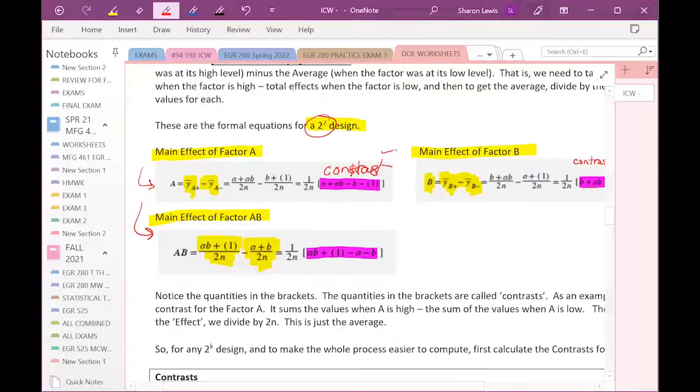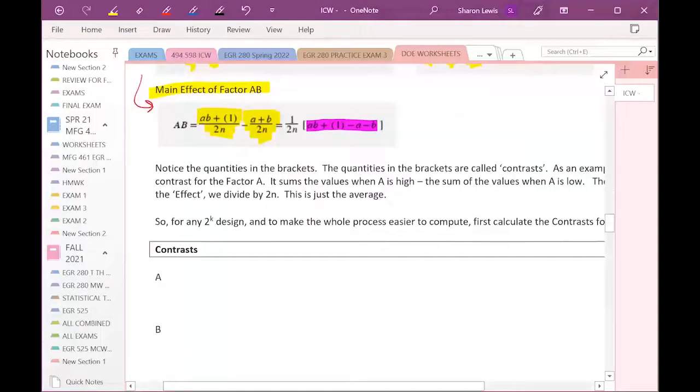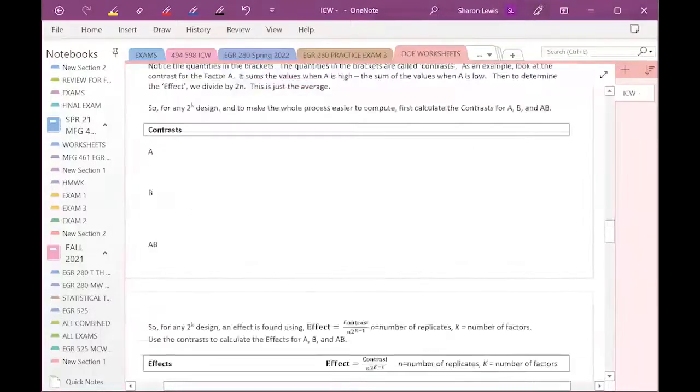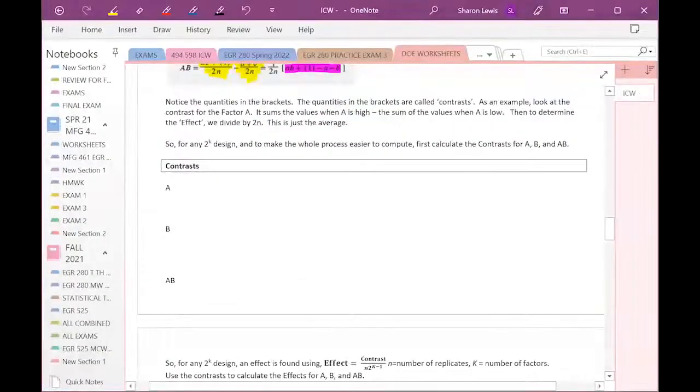So how I'm going to have you work these problems, I just wanted you to see that this contrast is nothing more than adding up the high, subtracting off the low. So the contrast, that's what that is going to be. And I can use the formula, and you can have the formula with you on the exam.